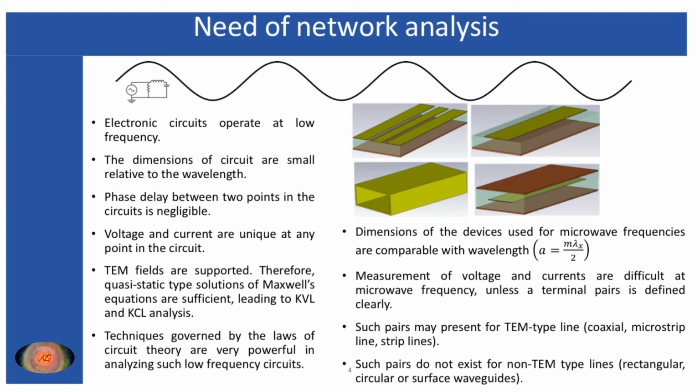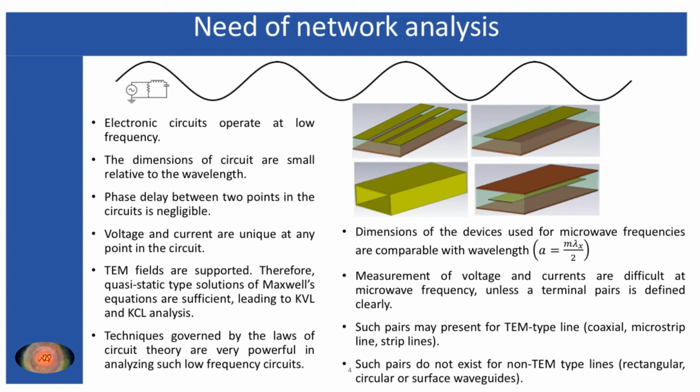In the case of rectangular waveguide or circular waveguide, you cannot define clearly isolated terminals, and that is why such waveguides carry non-TEM modes, whereas coaxial cable, microstrip line and strip line carry the TEM type mode.